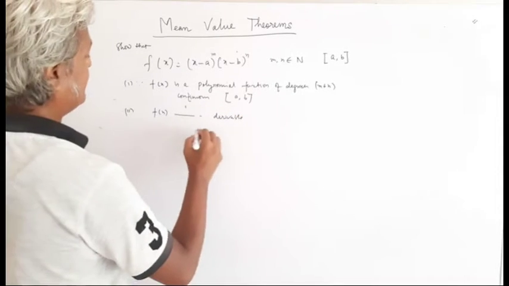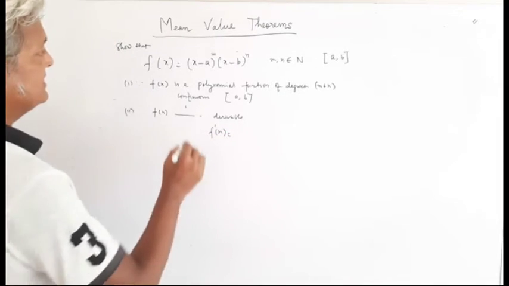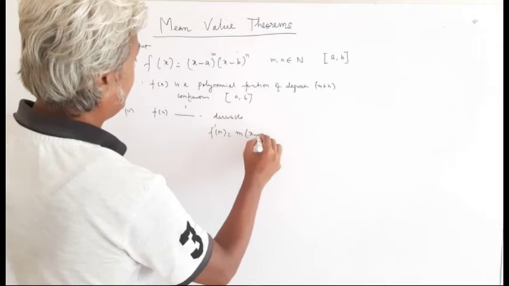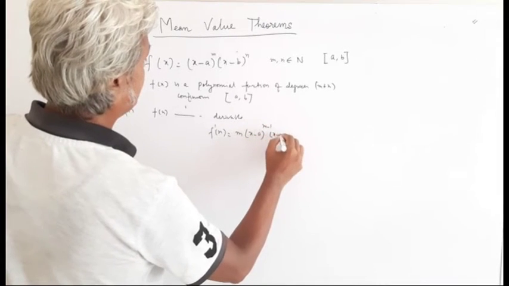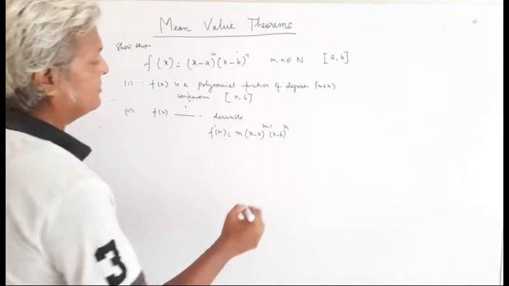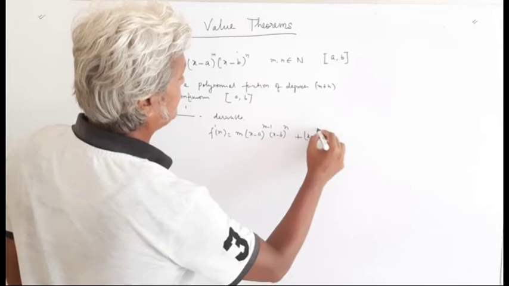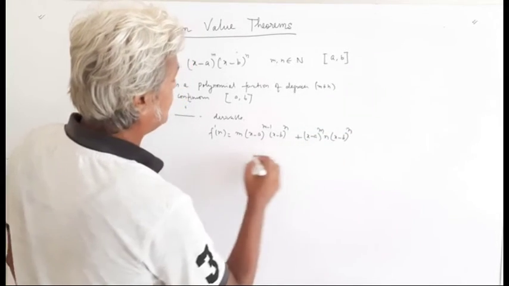If it is differentiable, what will be the differentiation? So you can also find f dash x. Now I'll use the UV rule, so it is m (x minus a) to the power m minus 1 times (x minus b) to the power n, plus (x minus a) to the power m times n (x minus b) to the power n minus 1.